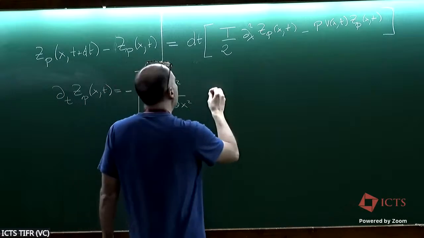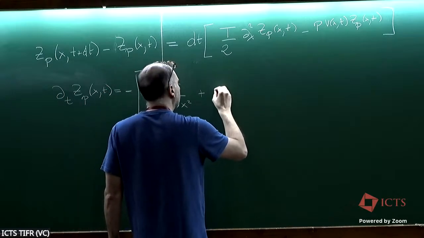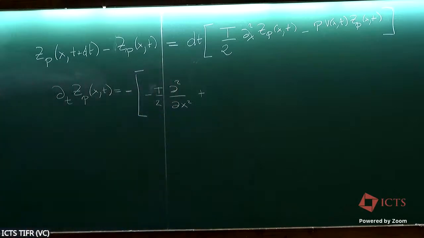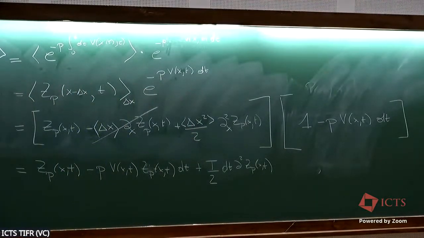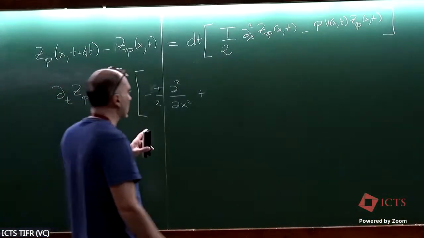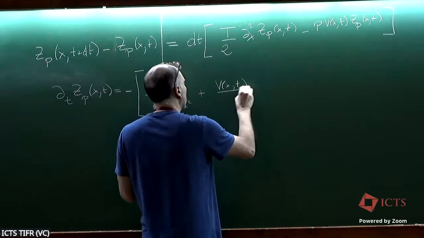Then we have plus p, and p was 1 over t. You remember, I did this here, so I took p equal 1 over t. So it will be plus, so yes, it was 1 over p. So let me check after, I will check if it's 1 over t or minus 1 over t.